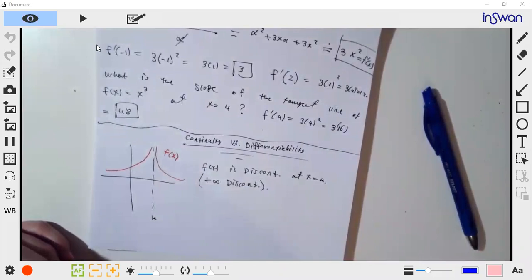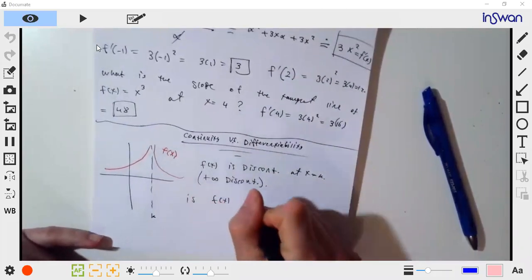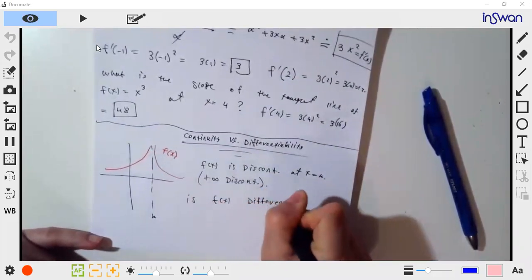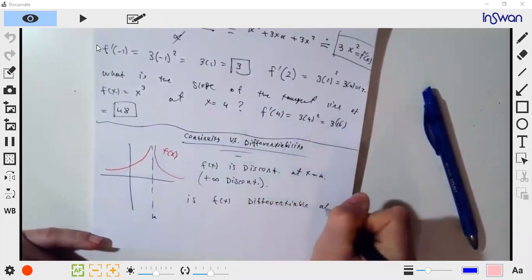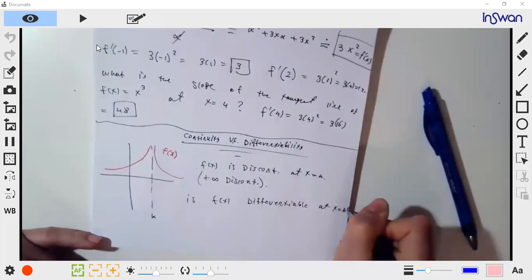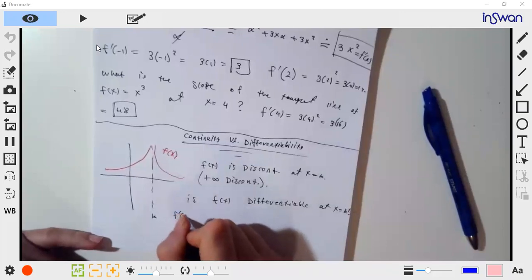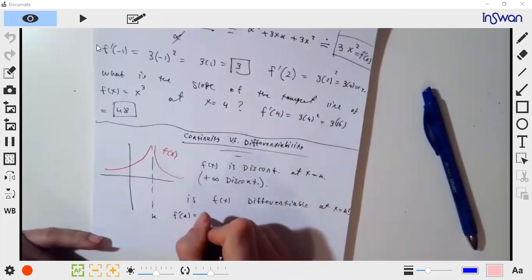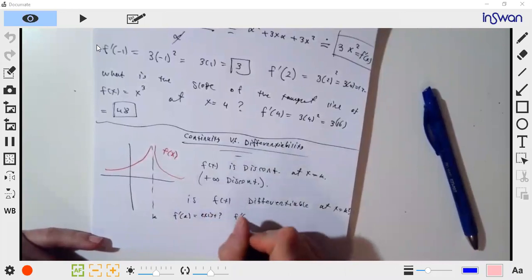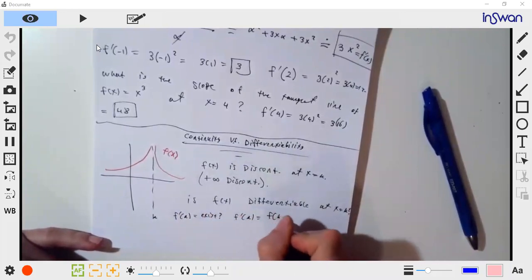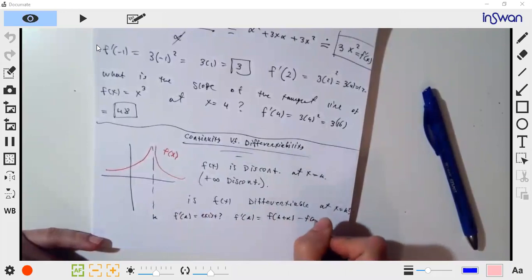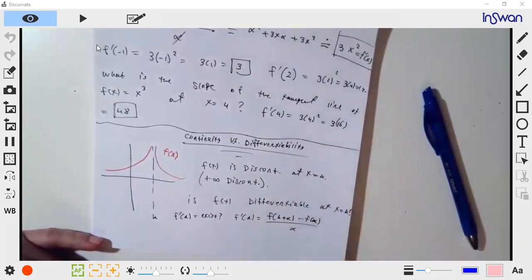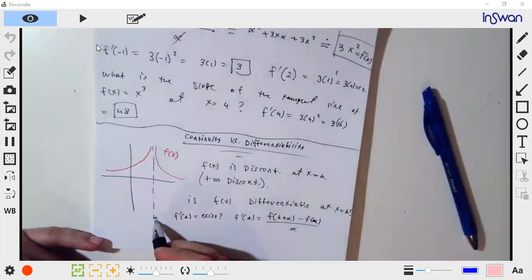Now, is the function differentiable at x equals k? Meaning, does f prime of k exist? Well, f prime of k would equal f of k plus alpha minus f of k all over alpha. Notice that f of k is undefined.